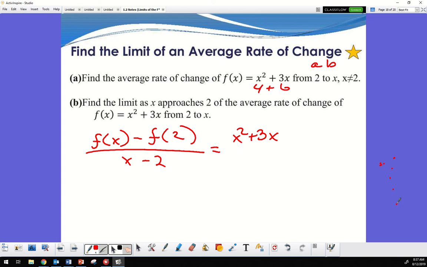All right, so what do we have? Minus 10 all over x minus 2. Now, this should be like some big blaring sign that says F that.